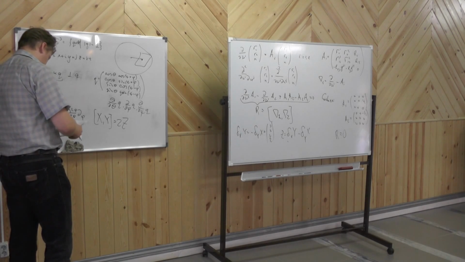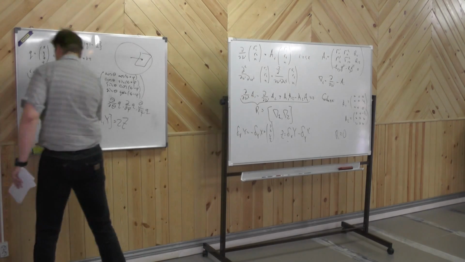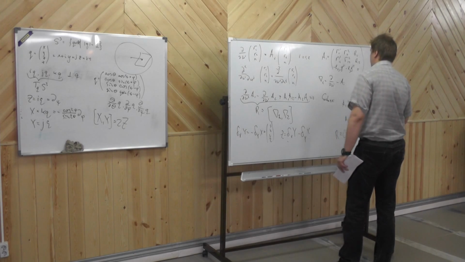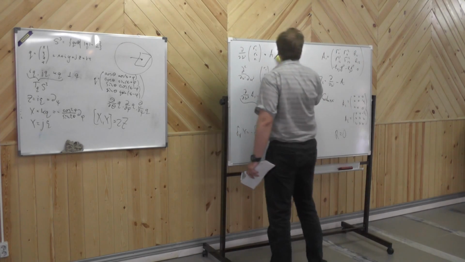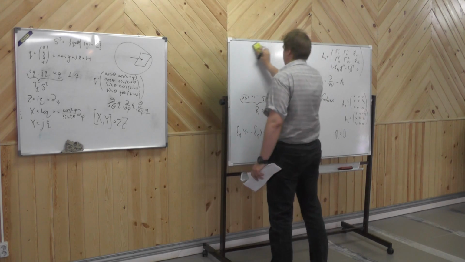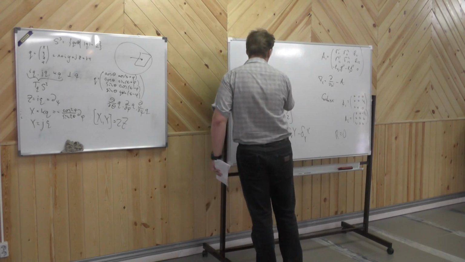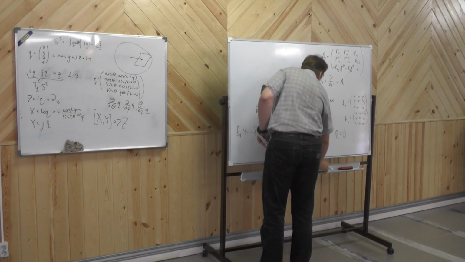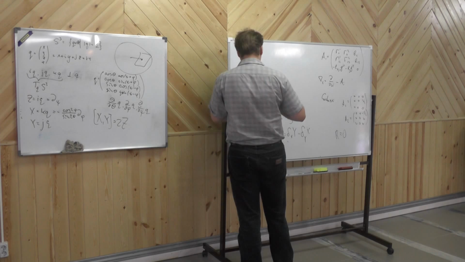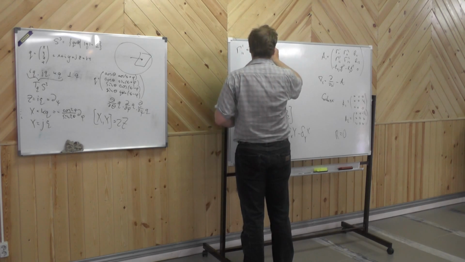Okay, what then? Then you compute everything the same, and you can check, for example, that in this setting the Christoffel symbols, for example this one, will have a very non-trivial form.